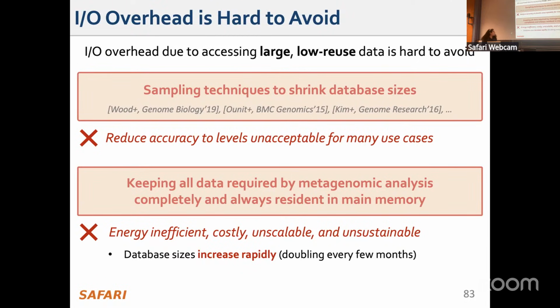As things evolve, or as we discover completely new things, the size of databases by definition needs to increase. The other important factor is that different analyses might need to access different databases. We cannot rely on keeping a single database in memory at all times, because, as I said, based on the use case and what we want to analyze, we might need to access different databases. Therefore, because of all these reasons, it's very inefficient and unscalable to go with this second potential solution.